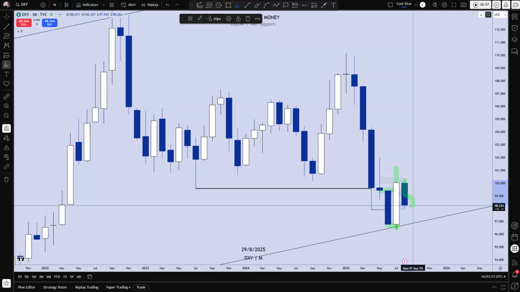Now we had a pullback so far this month, in the new month of August. But this could be the start, where you see this tail, this shadow, the wick, could be the start of the movement higher. Price is respecting the 50% of the July candle range.